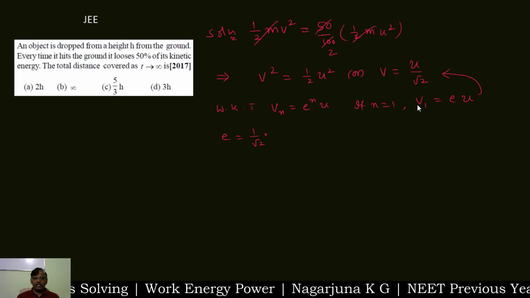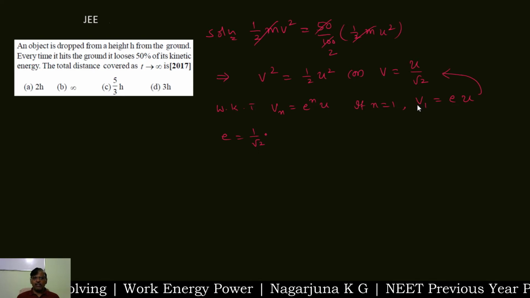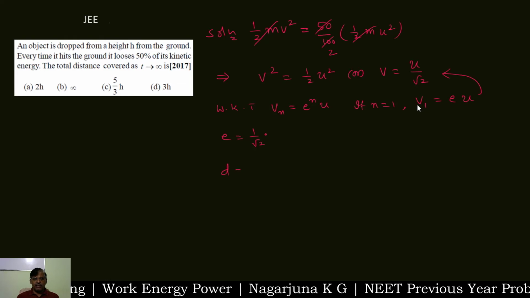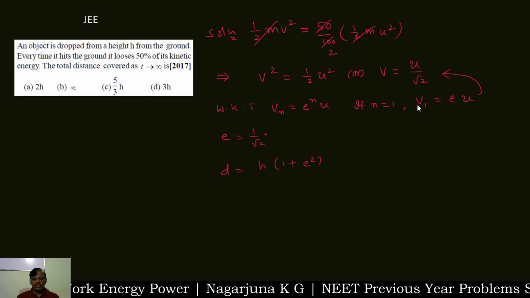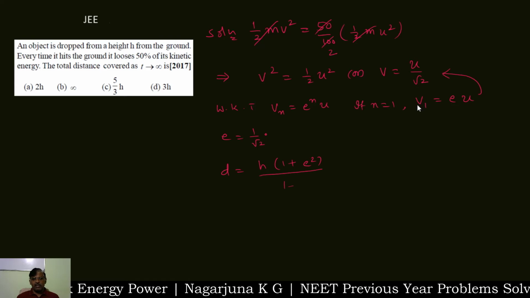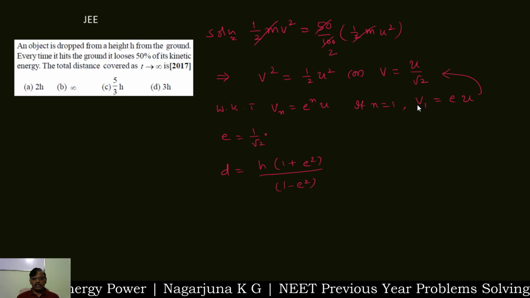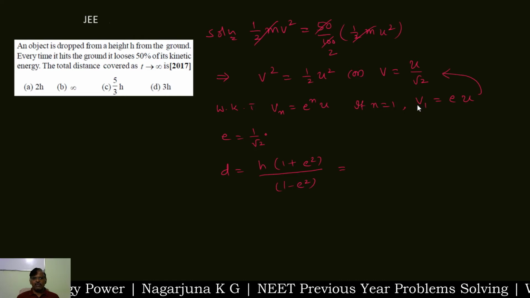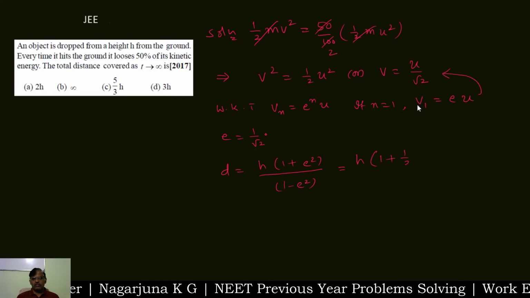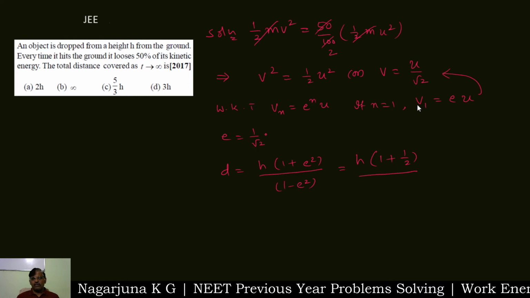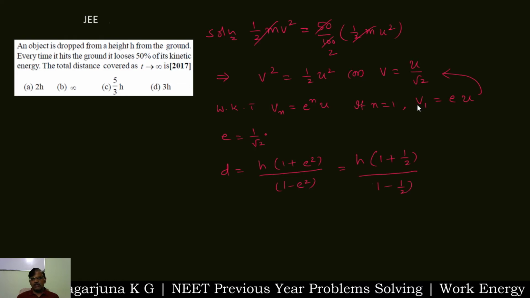We also know that the total distance traveled D is equal to H into 1 plus e squared divided by 1 minus e squared. So we write H as it is, 1 plus e squared is 3 by 2, divided by 1 minus e squared, which is 1 by 2.